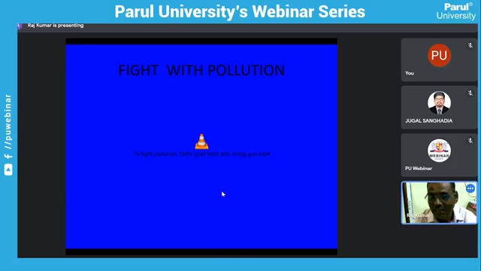If we connect COVID-19 with pollution, I think very well we can connect it, because, as we will see in the subsequent slides, the effects of pollution on health are such that definitely we will come to the conclusion that if we are able to control pollution, we are able to control various types of epidemics like COVID-19 or other diseases.